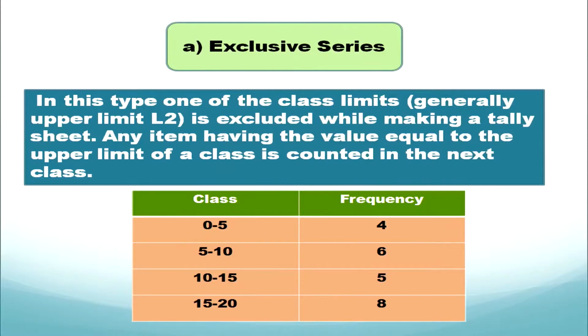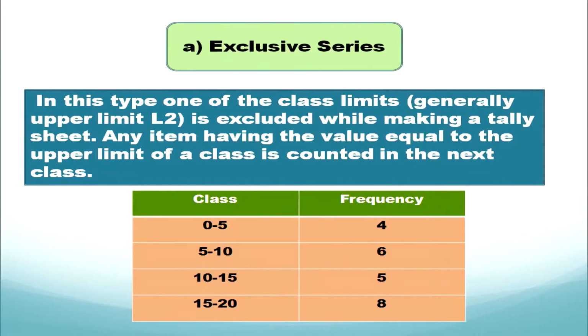Now, in this type of series, one of the class limits, that is the upper limit, is excluded while making a tally chart. That means, in this particular example, 0 to 5, 5 value is not included while making a tally chart. So, once again, in this type, the upper limit is excluded while making a tally sheet.